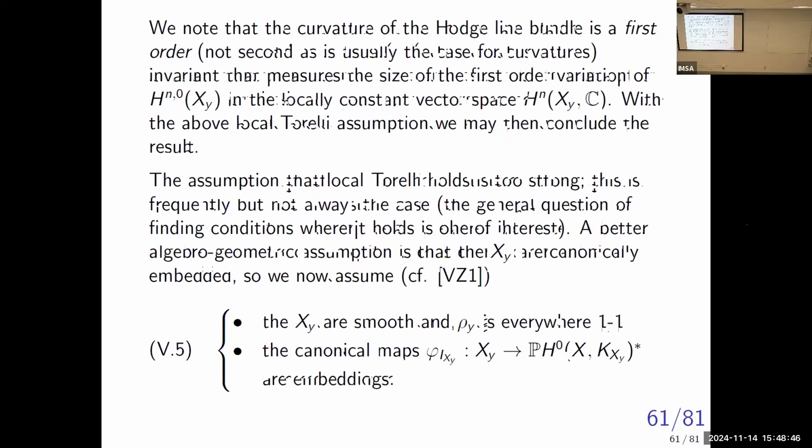That's the usual Fubini-Study metric, what you've looked at in homogeneous rather than Euclidean coordinates. The point is that the curvature depends only on the first derivative, dz. That's a general phenomenon in Hodge theory, that the curvature of the Hodge bundles is a first order invariant.